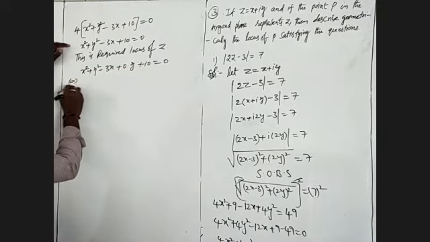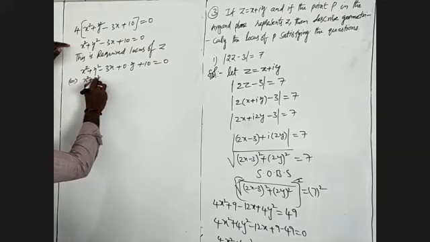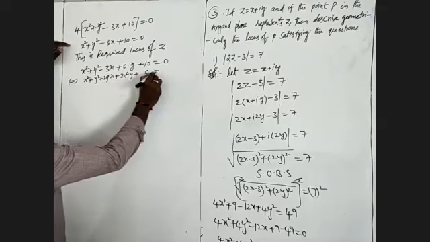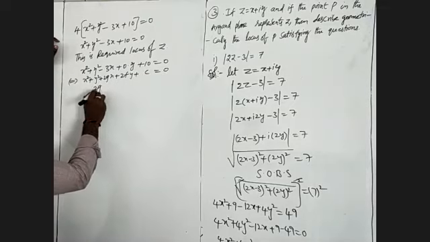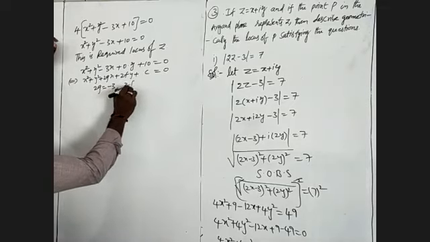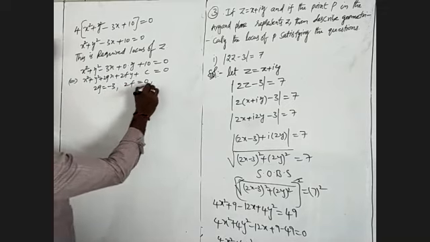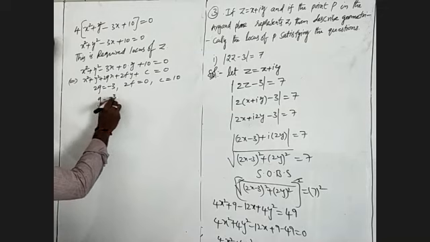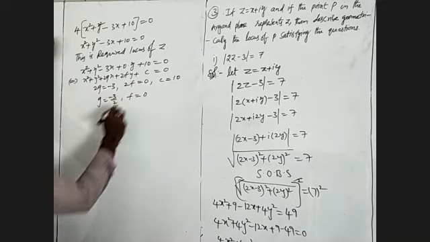This given one can compare with x square plus y square plus 2gx plus 2fy plus c will become 0, where 2g is nothing but minus 3, 2f is nothing but 0, c is nothing but minus 10. That means g is equal to minus 3 by 2, f is equal to 0.